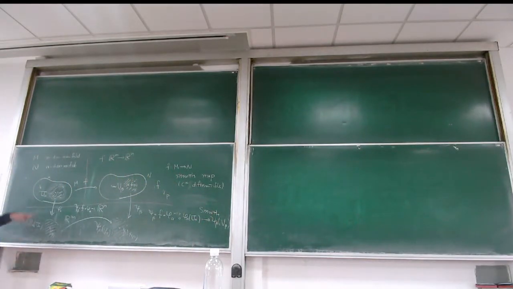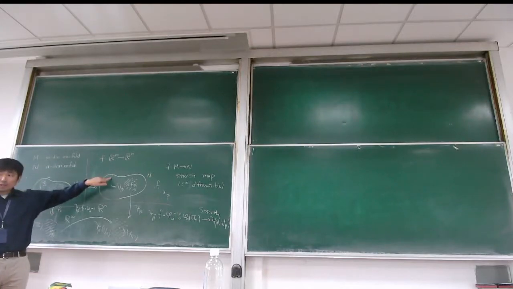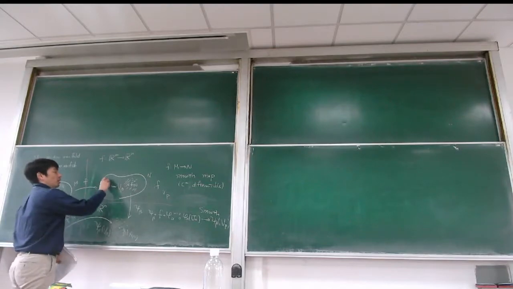So even if you take some other point, whatever, let's go q, one can take another open patch. And then, of course, f is a map from m to n, so there's an image to the n. And then f of q.